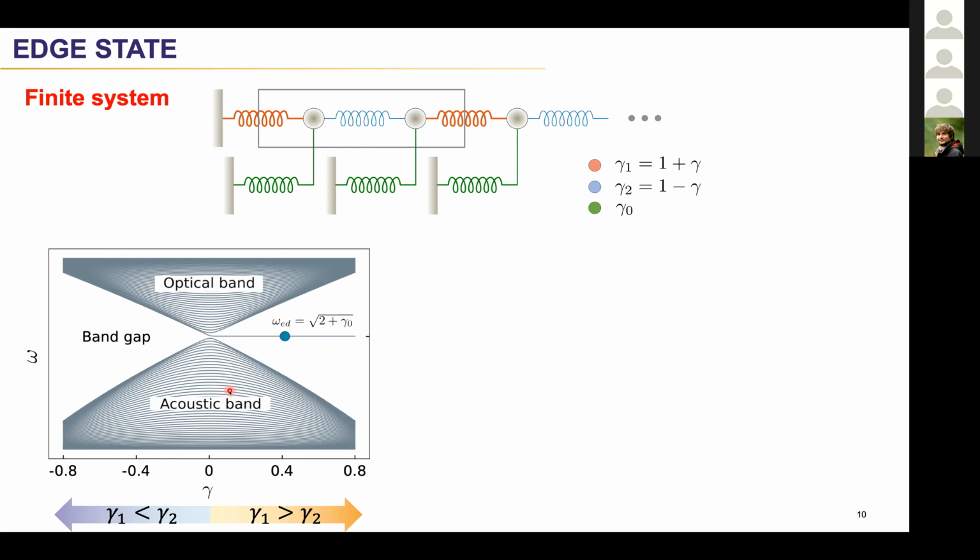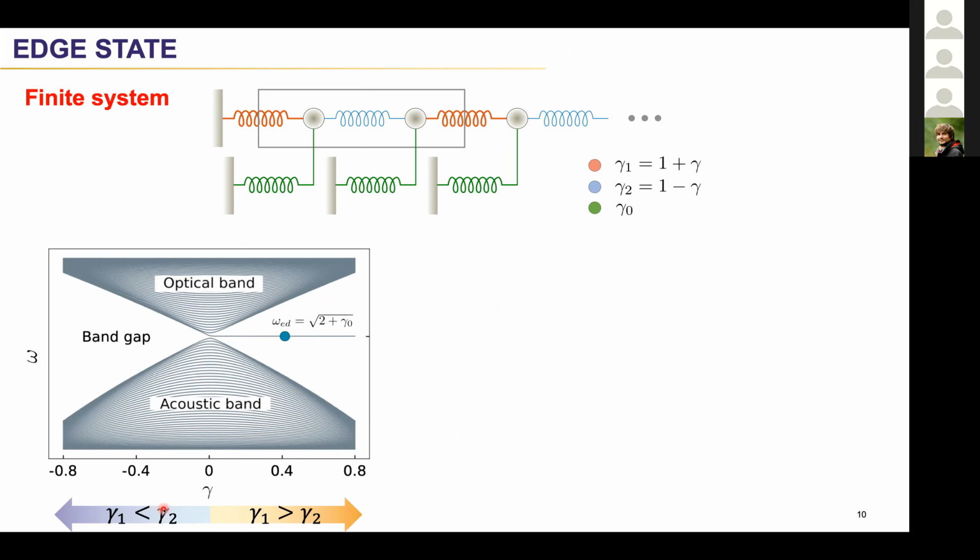Now you can see that these two regions have some difference, and the difference is that on the right we have another solution inside the band gap. This is the physical manifestation of these two topologically distinct regions.